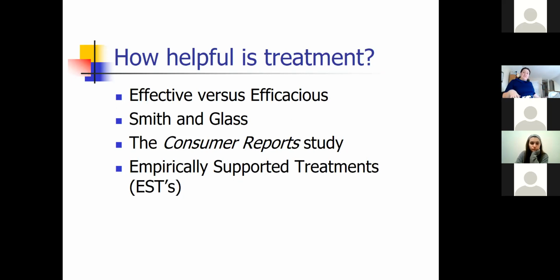So what we do is look at whether it's effective or efficacious. Looking at whether something is effective is trying to determine if the therapy actually reduces symptoms. Effectiveness studies ask, does this treatment reduce symptoms? Is it actually making a difference for that individual who's in therapy?